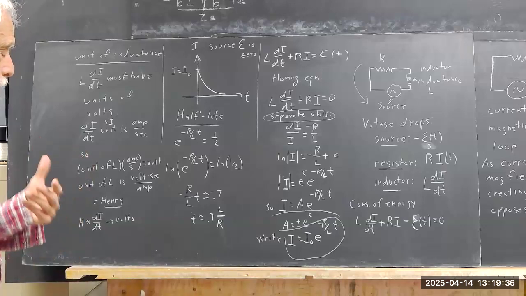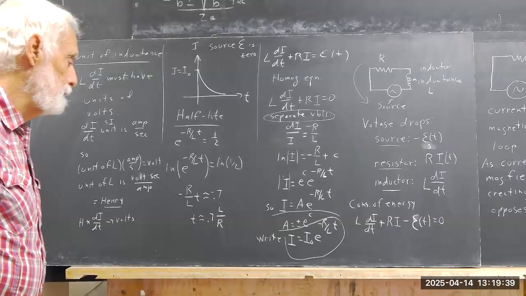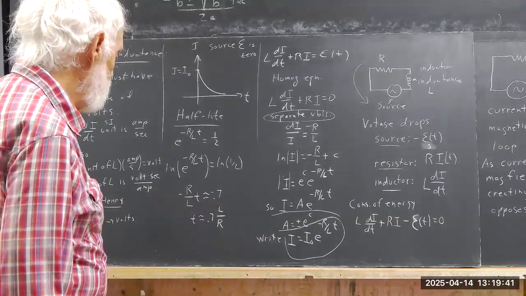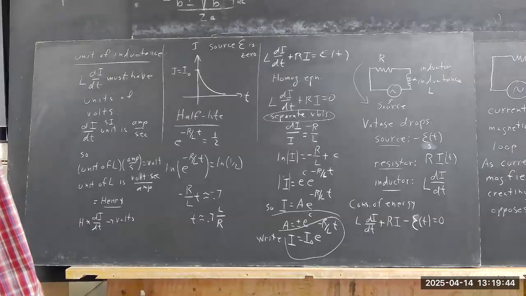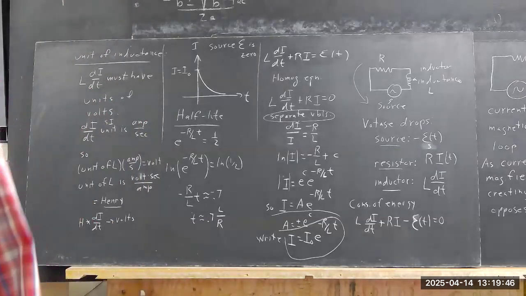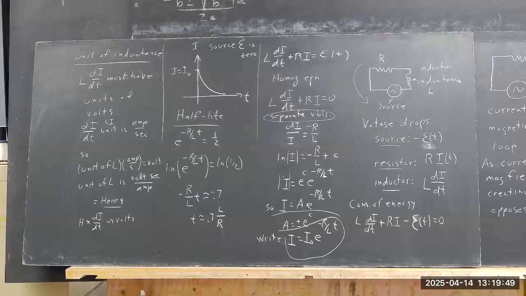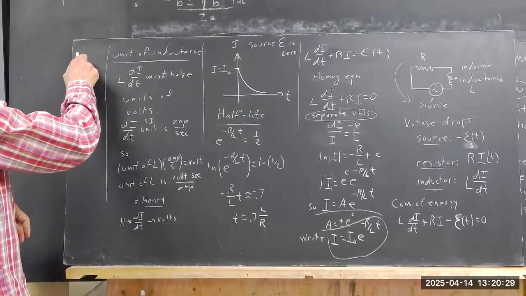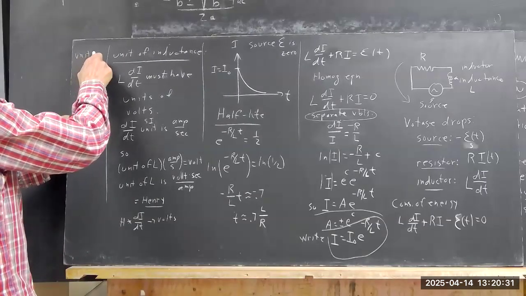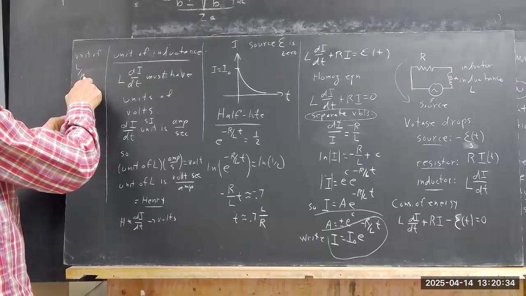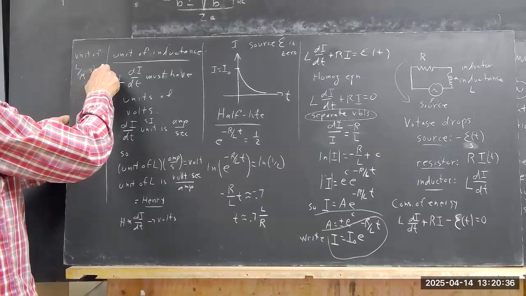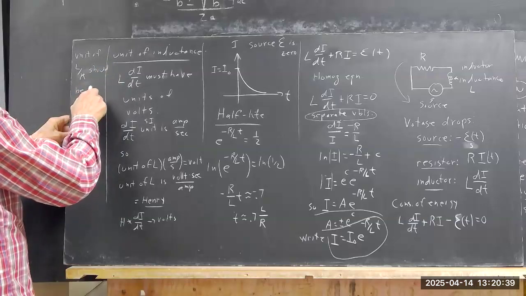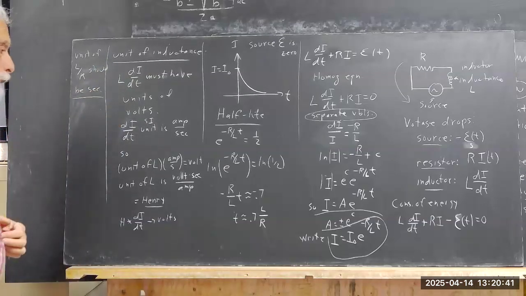And now all the units work out. So tell me, what are the units of L over R that come out in seconds? L over R should be seconds.